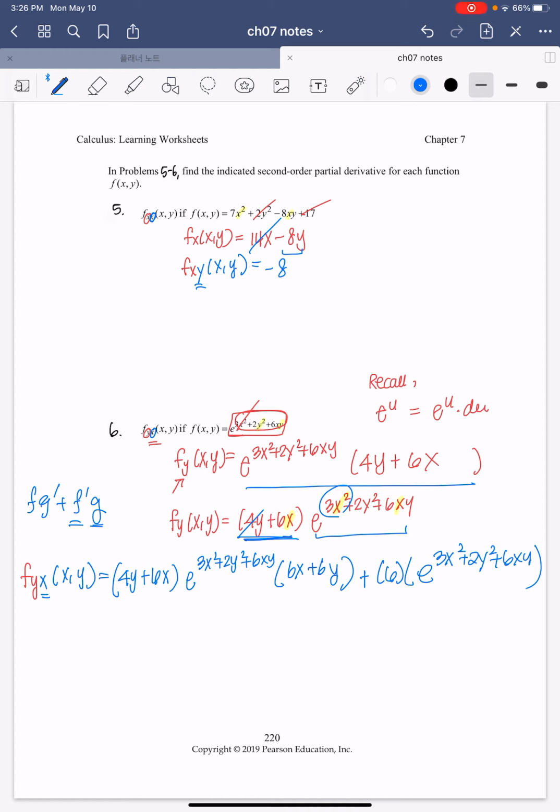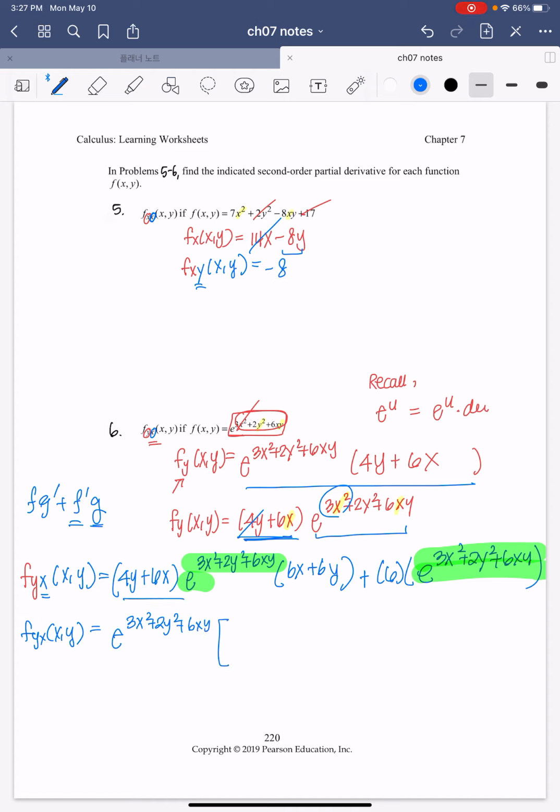Okay, let's do a little bit of a rearrangement here. One thing you can do is factor this out, because they both have it. To make it simple, let's go ahead and factor that out. e raised to the 3x squared plus 2y squared plus 6xy.